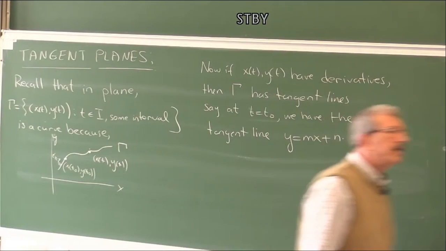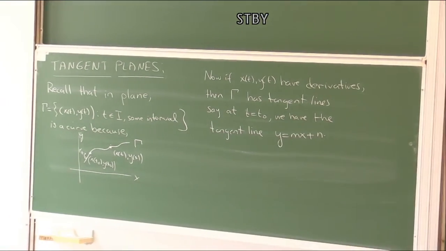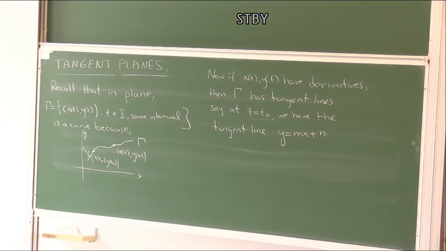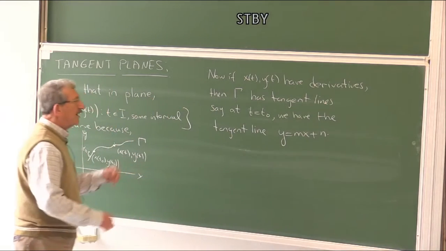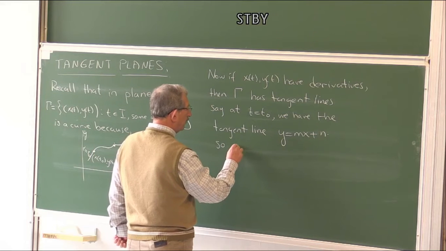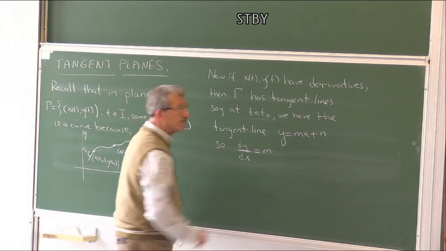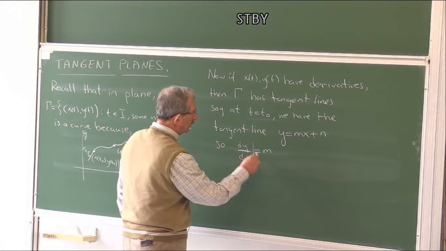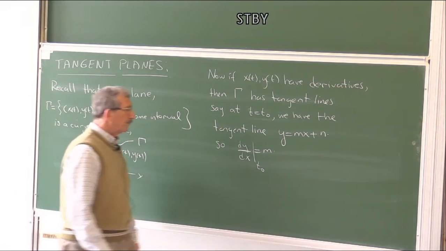Thus, we end up with the following. So we have the tangent line, and so we end up with dy by dx is m at, of course, t0, which means we are at some point.